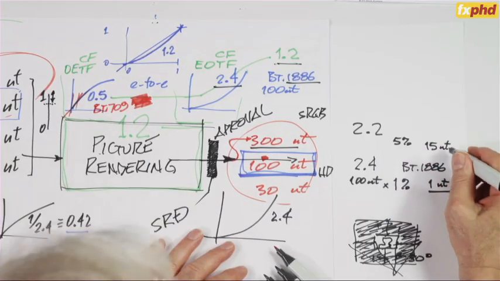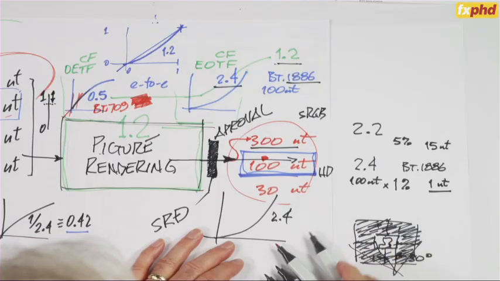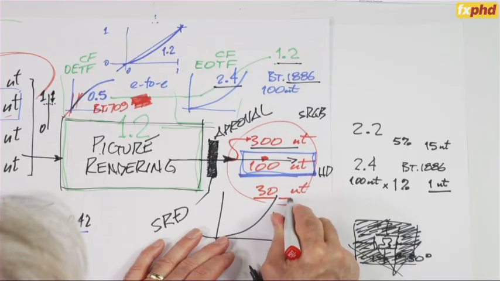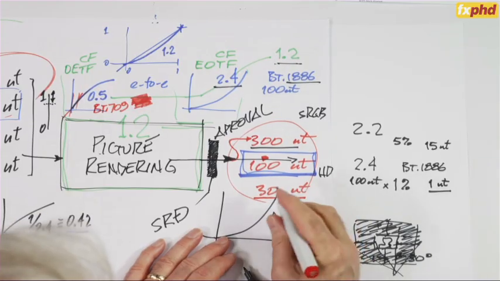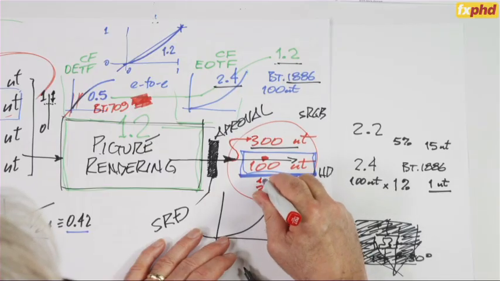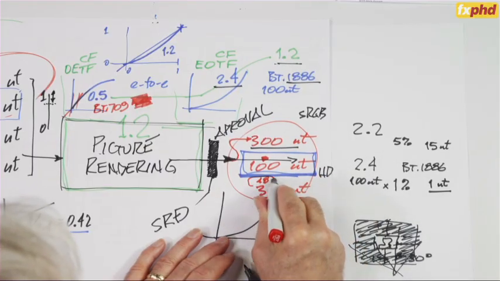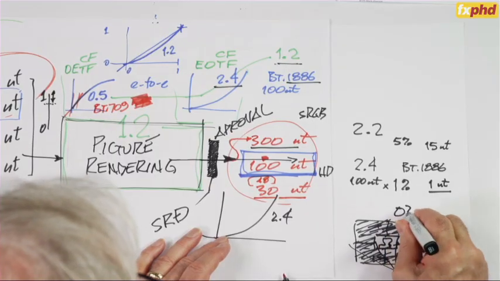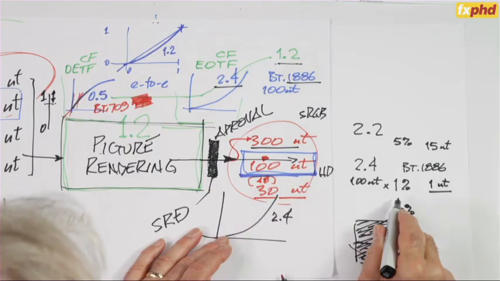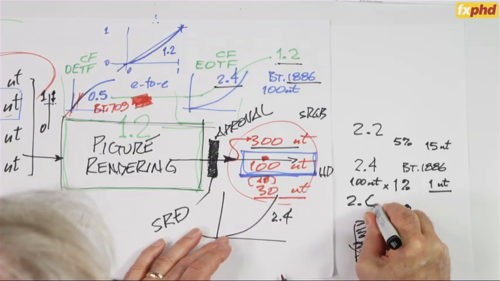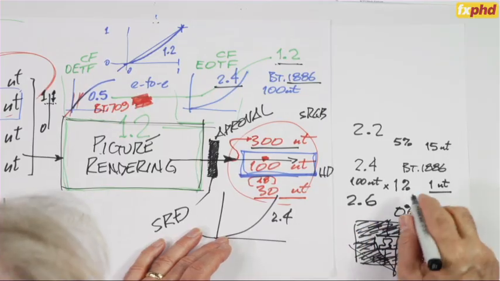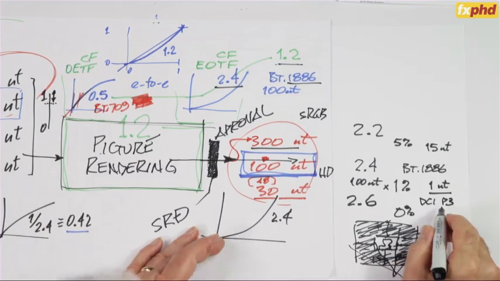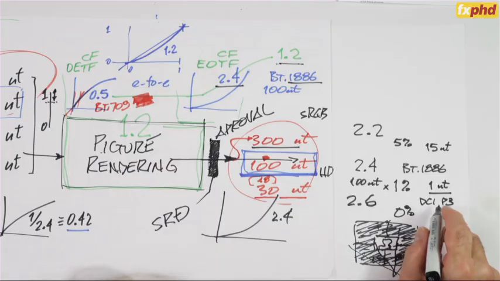So quite a bit brighter. And then at cinema, I've already explained that let's call it the artistic white, might be 30 nits, even though the peak white would be 48, which is in the DCI standards. But cinema has got a 0% surround. And under those conditions, a gamma of 2.6 is appropriate. And that's exactly what is standardized in the DCI P3 spec, or otherwise known as SMPTE 431.